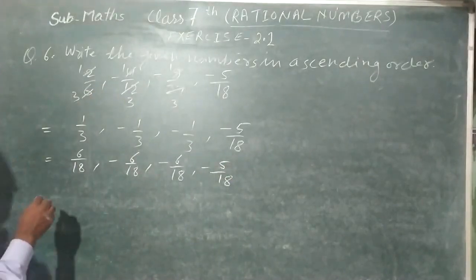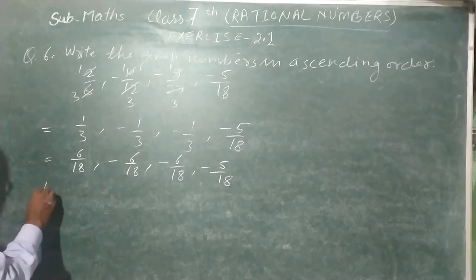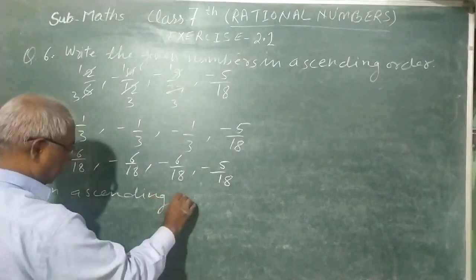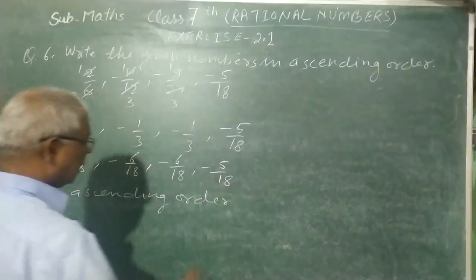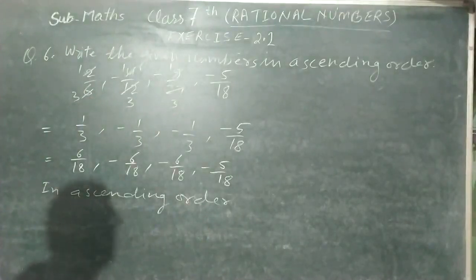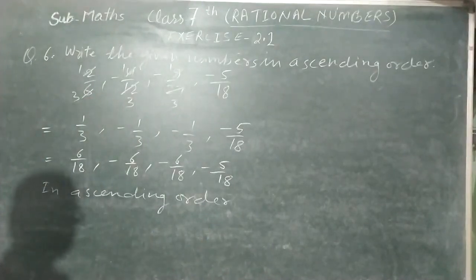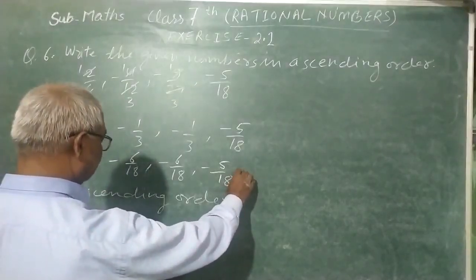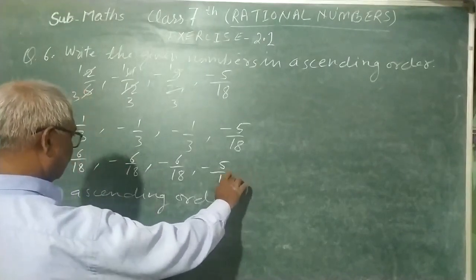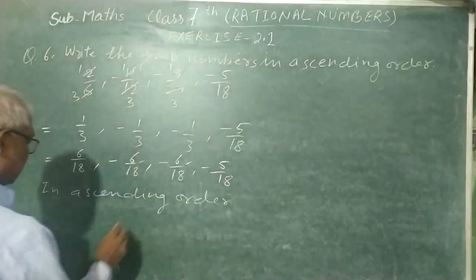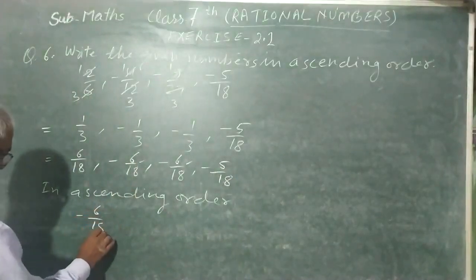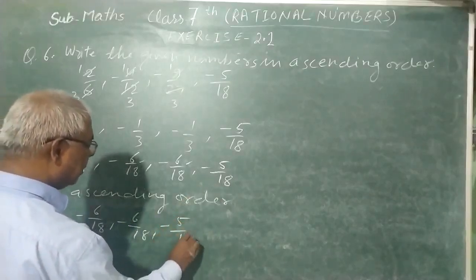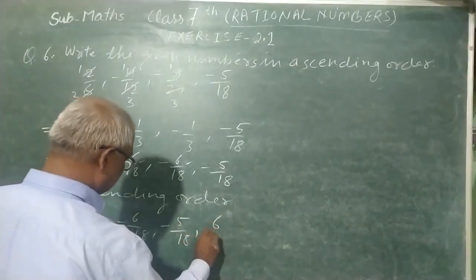Now you can write in ascending order. First of all, we can write the smallest number. Which one is the smallest number? That means this one is your smallest number. No, these two numbers are the smallest numbers. So you can say minus 6/18, minus 6/18, then minus 5/18, and last 6/18.